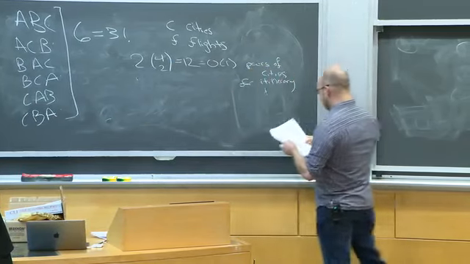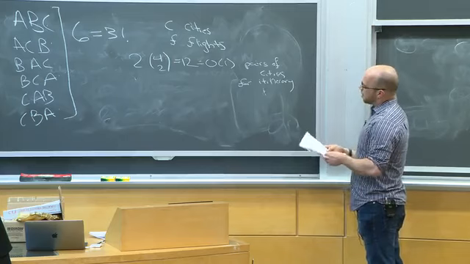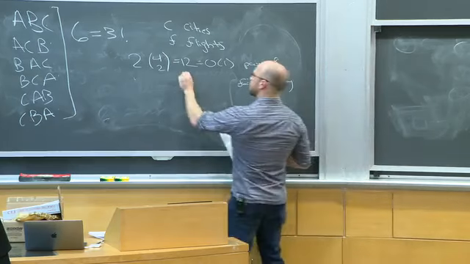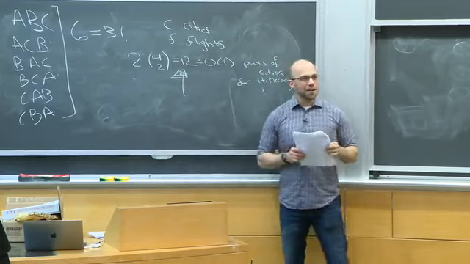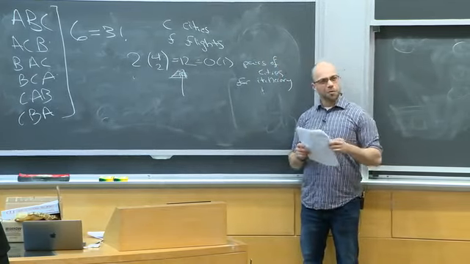Okay, so now what am I going to do? Well, I can compute the 12 different shortest paths that matter in my graph. When I say shortest path, what do I mean?